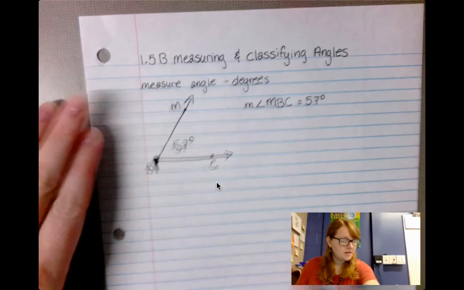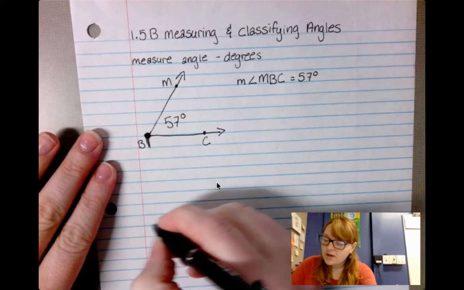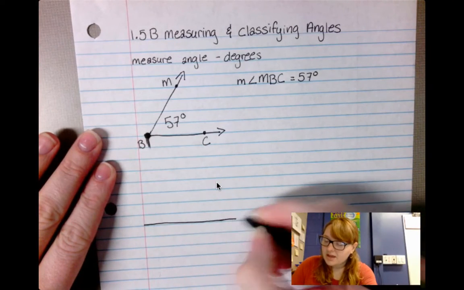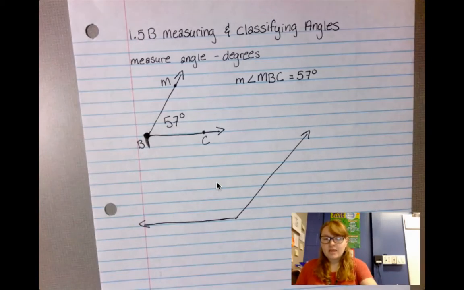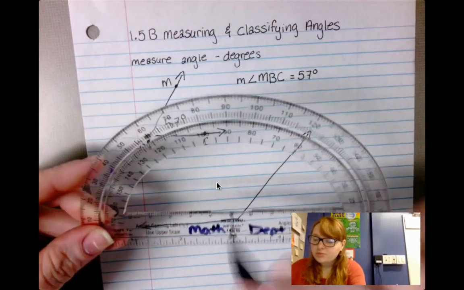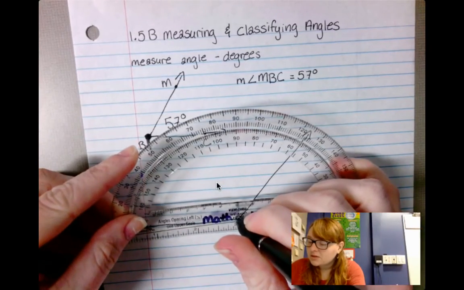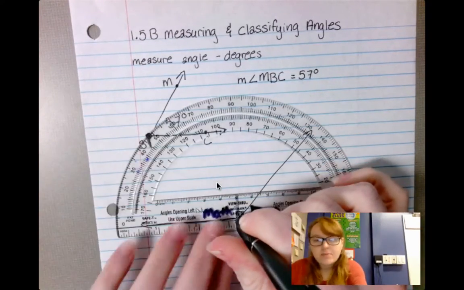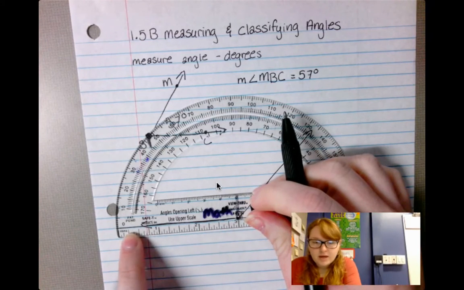All right, let's do some more examples. So let's do an angle that looks like this. Same thing. We're going to put our pencil through the point and put that on the vertex. We're lining up the bottom ray at the bottom here.